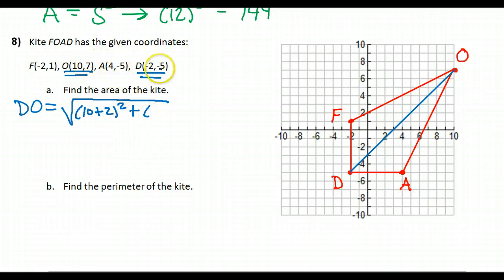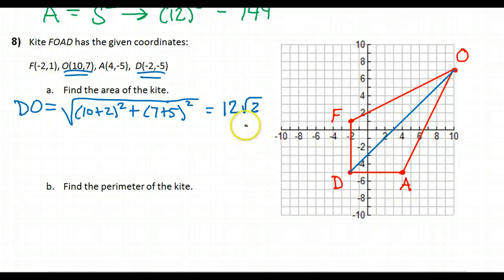And then y minus y, so 7 plus 5 squared. Put that in the calculator. All right, that is 12 radical 2. All right, that is one of the diagonals.